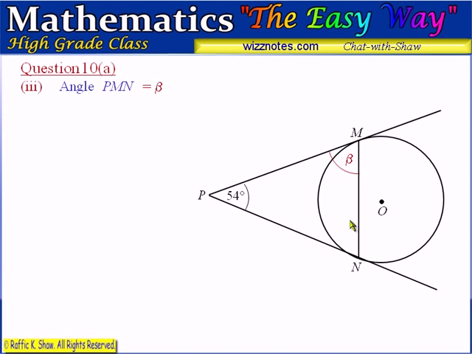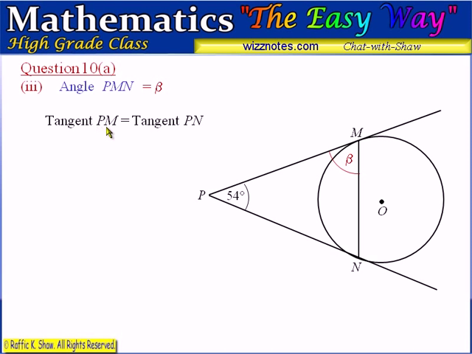The angle PMN is this angle between this tangent and this chord. Now this chord completes a triangle formed by the two tangents, and the two tangents are equal distances from the point P. So this triangle PMN is an isosceles triangle, and we can use that fact to calculate beta. Let's go through the explanation.